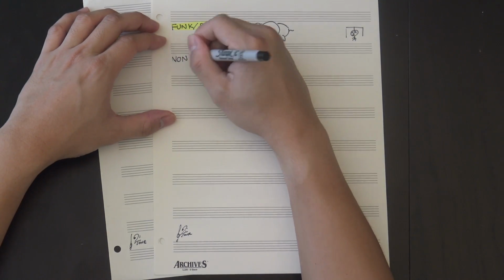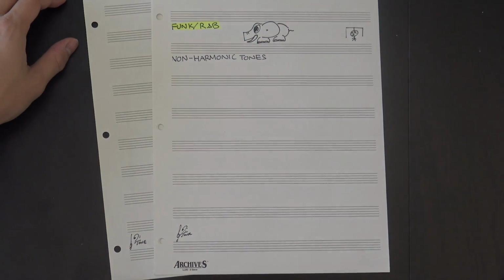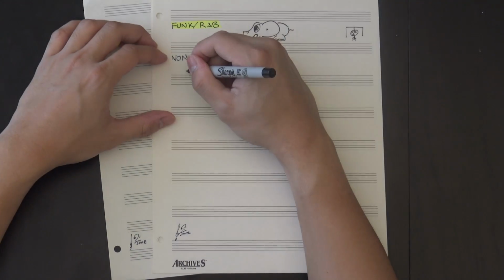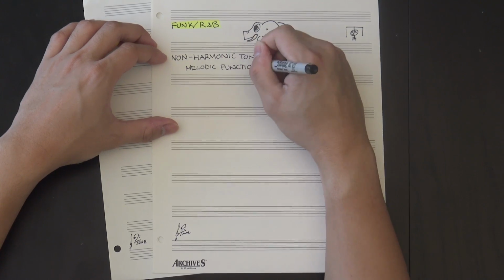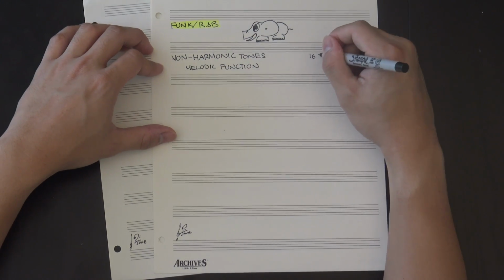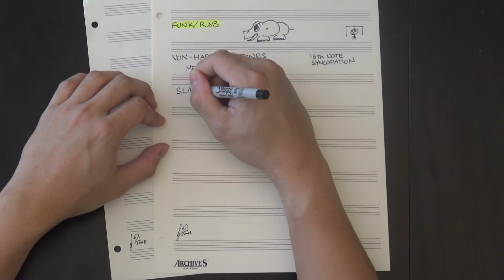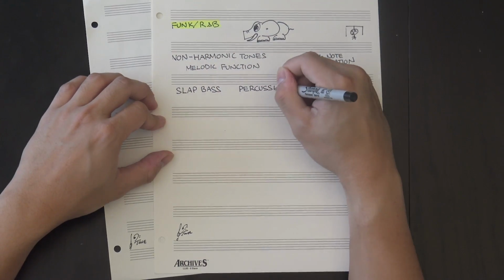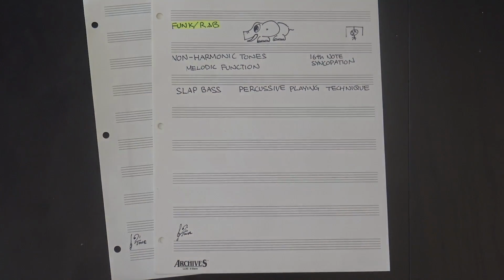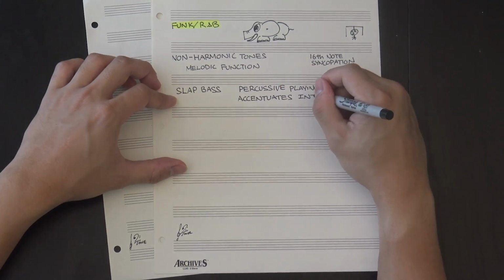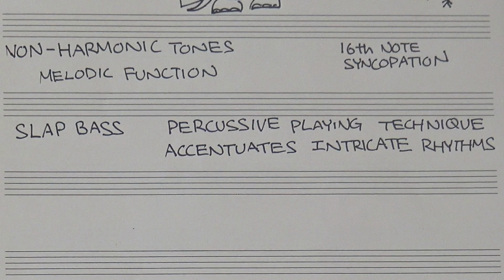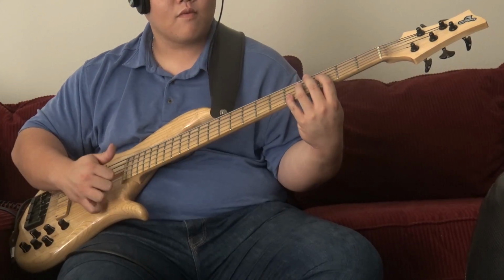Funk bass lines are often very happy to use non-harmonic tones in passing, briefly stepping outside the chords and taking on a much more melodic function. They also make a lot of use of 16th note syncopation, riding the E's and U's. And of course, they often use a slap technique, which is a very percussive playing style that utilizes the thumb to accentuate the intricate rhythms so emblematic of funk music. Putting all that together might sound something like this.